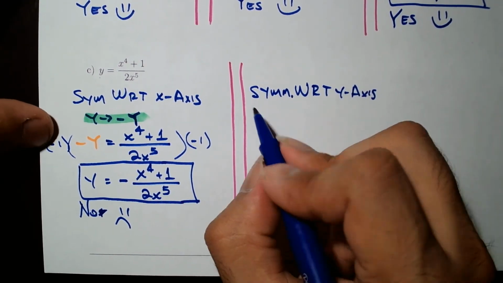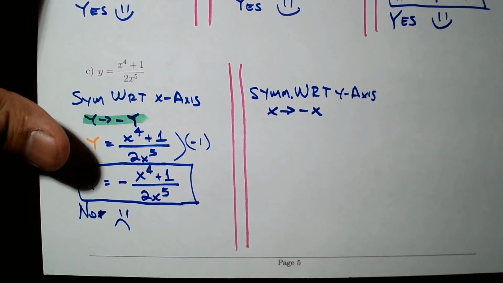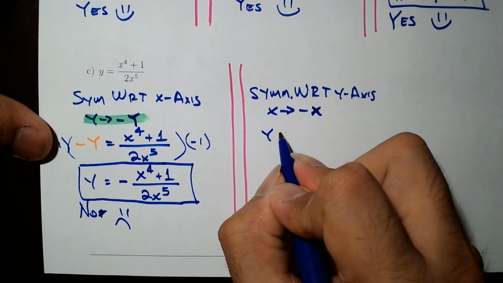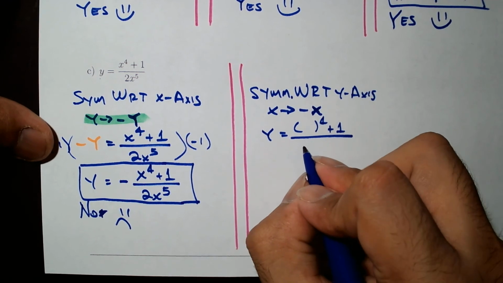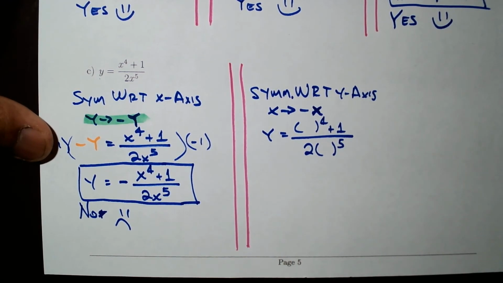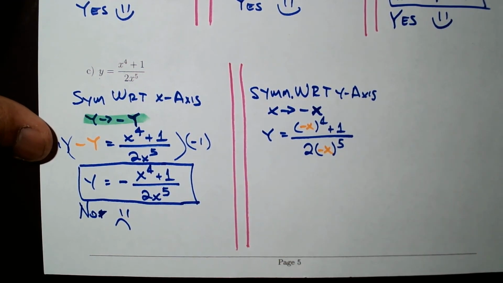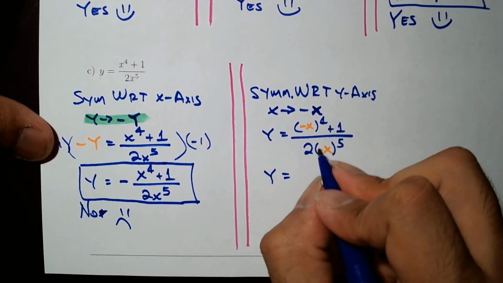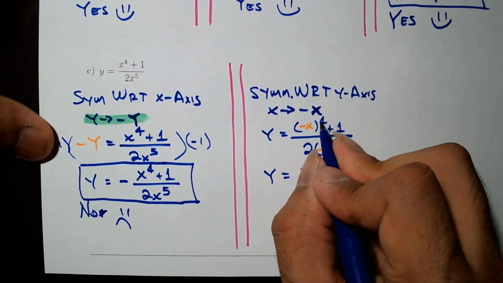What about the y-axis? To do that, replace x with -x. So y equals something to the 4 plus 1 divided by 2 times something to the 5th. Okay, so replace x with -x and simplify. So negative x to the 4th power is going to leave me with positive x to the 4th, because this is a negative being raised to an even power.